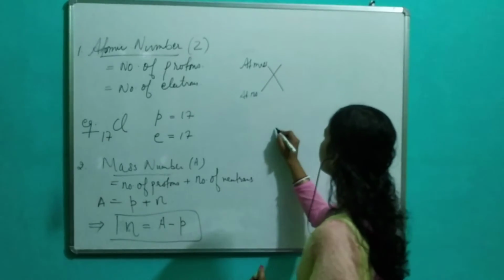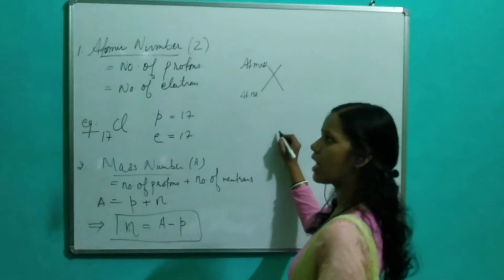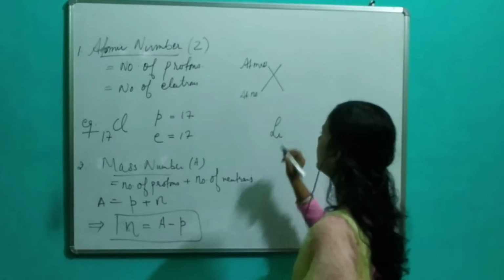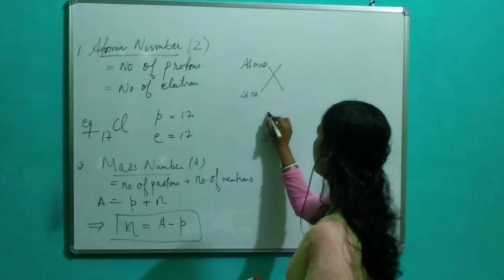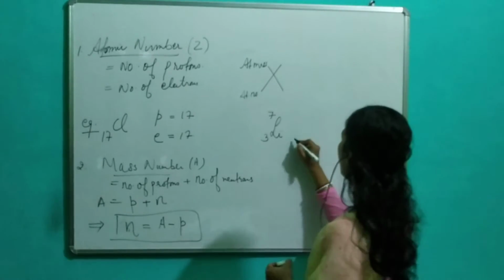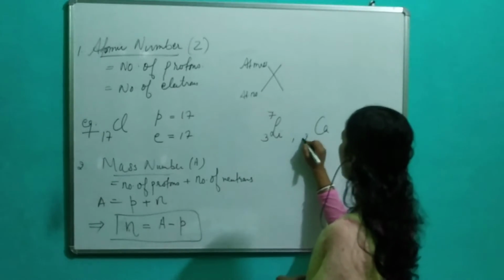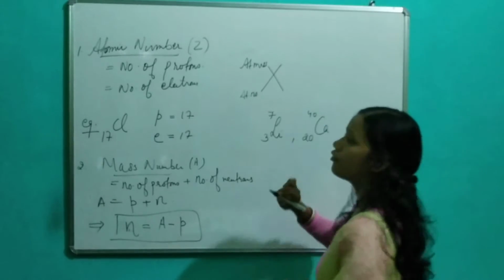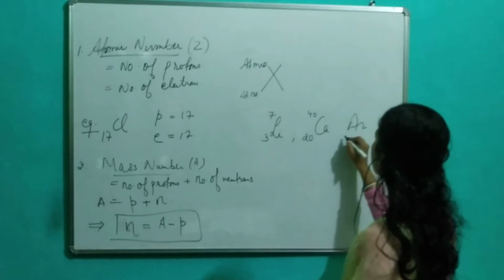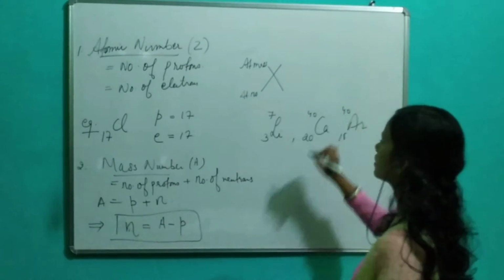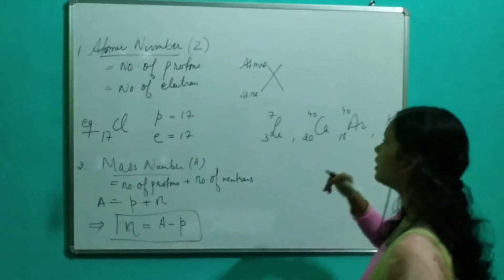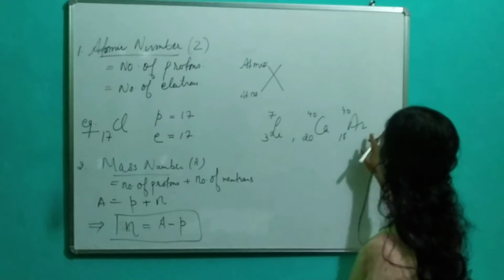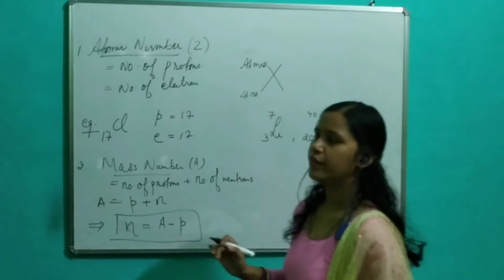For example, lithium is denoted by Li, its atomic number is 3 and mass number is 7. Similarly, calcium has atomic number 20 and mass number 40. Argon is 18 and mass number 40. Then potassium, and so on. This is how we represent the symbol of an element.